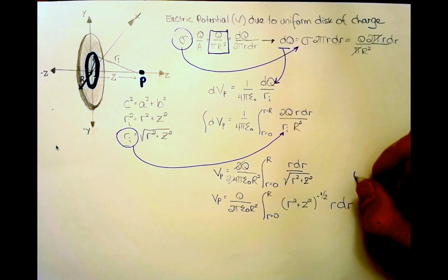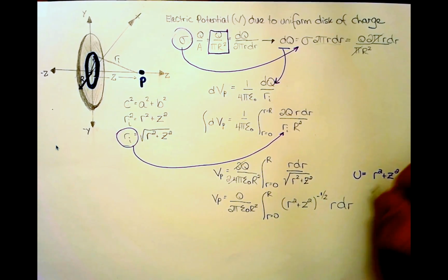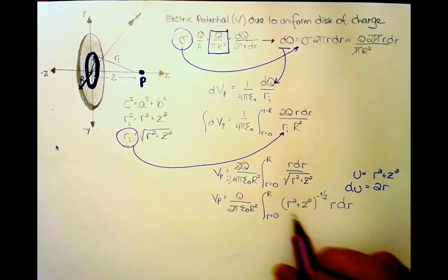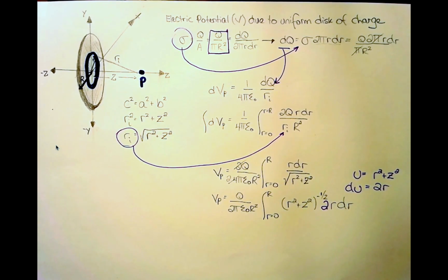If I take a look at this and define u as r squared plus z squared, then I can say that du is going to be equal to simply 2r dr. So I want this to take the form of u to the negative 1/2 du, so I need to put a 2 in front of the r, which means that if that's all I did, I would change the value of this voltage that I'm looking for, this electric potential.